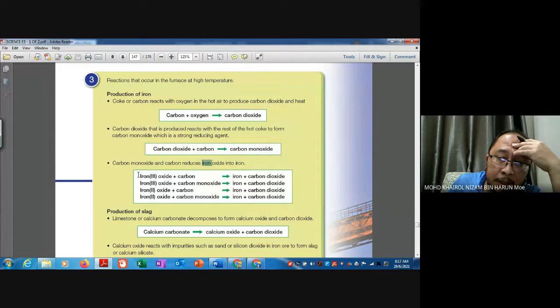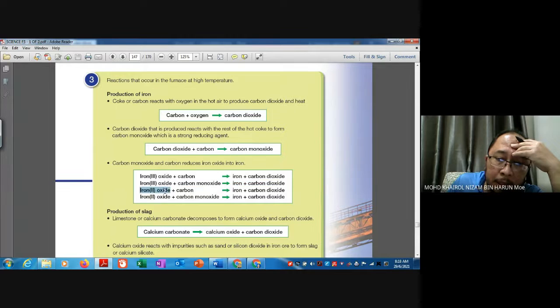So these are several equations representing the reactions. The first one, iron(III) oxide reacts with carbon to form iron and carbon dioxide. Next, iron(III) oxide reacts with carbon monoxide to form iron and carbon dioxide.